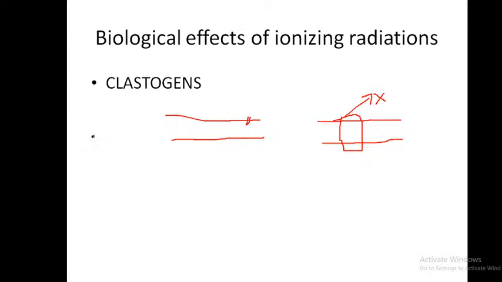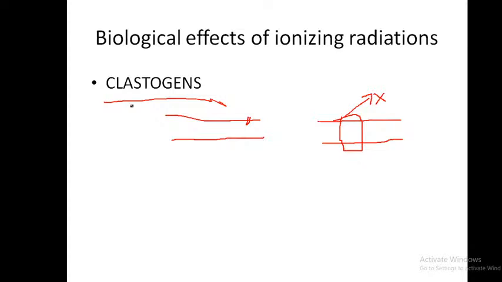This is very important. You can get this question for 1 mark or 2 marks. Clastogens: ionizing radiations which cause chromosomal breakage. Ionizing radiations that cause chromosomal breakage are called clastogens. Clastogen means breaker, anything which causes breaks.